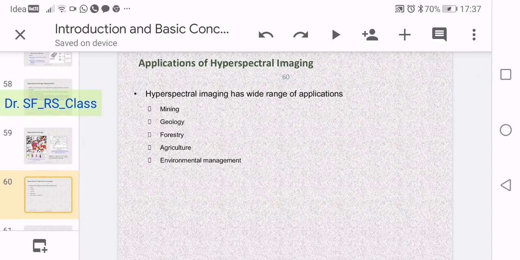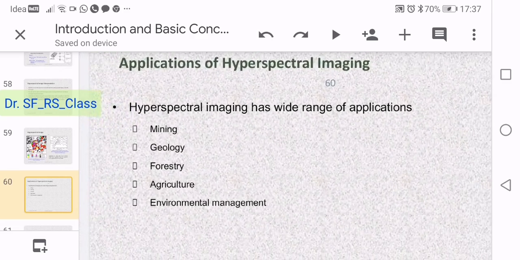Among the applications of hyperspectral imaging, there are a lot coming up, and more and more research is ongoing in this segment of imaging. Mining is a major area where different types of minerals can be identified.